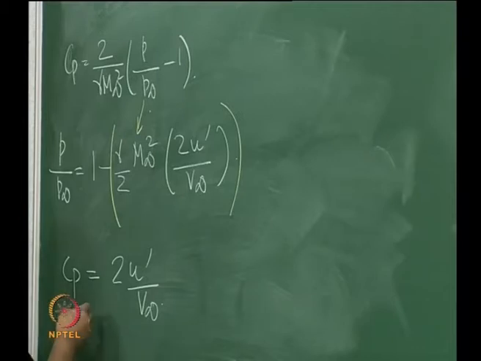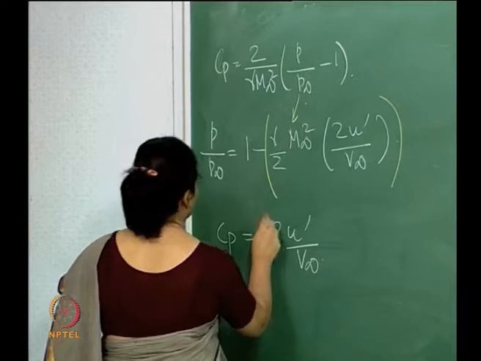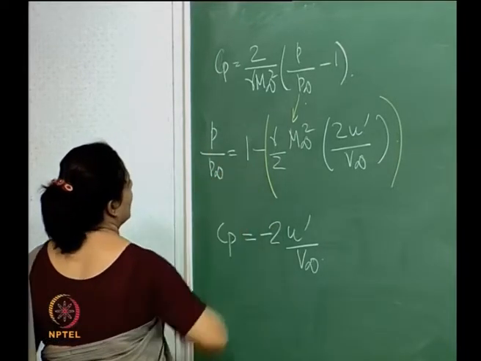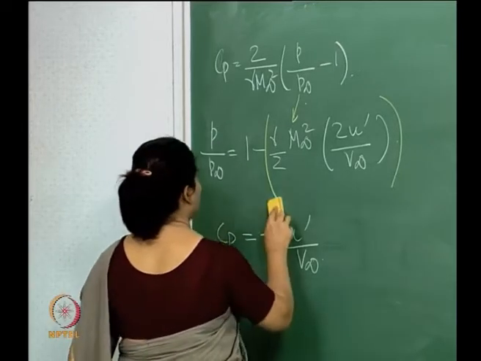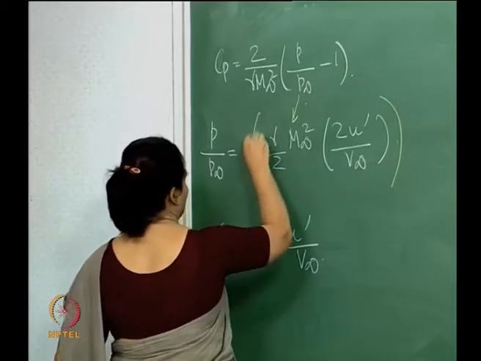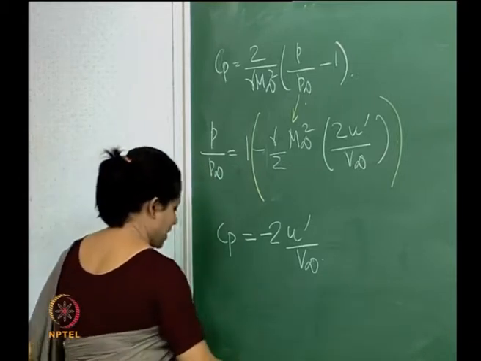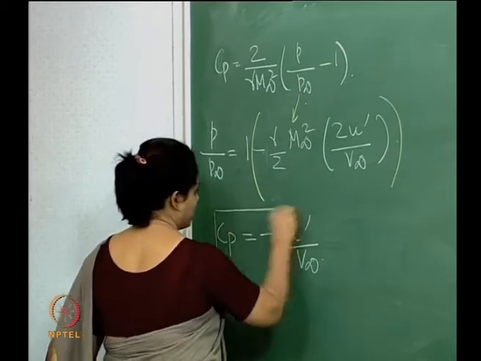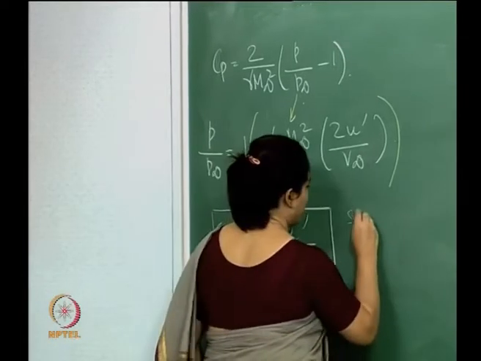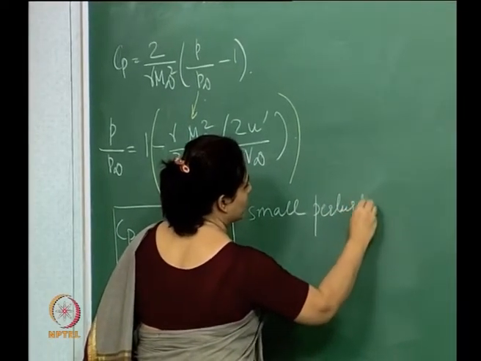Yeah, so we have a negative sign also. So P by P infinity minus 1 is actually negative here, so let's include that as well. So essentially this, right. So this is my Cp, assuming small perturbation theory.